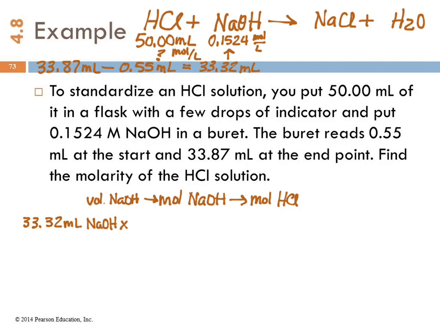So I want to go from volume, because milliliters, liters, we can figure that out. We're going to go to moles of sodium hydroxide, and then we're going to go to moles of HCl, and these need to be conversion factors.